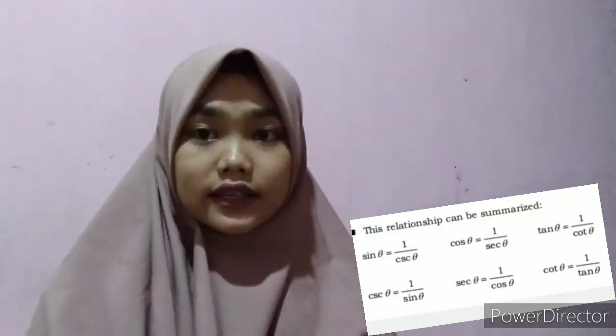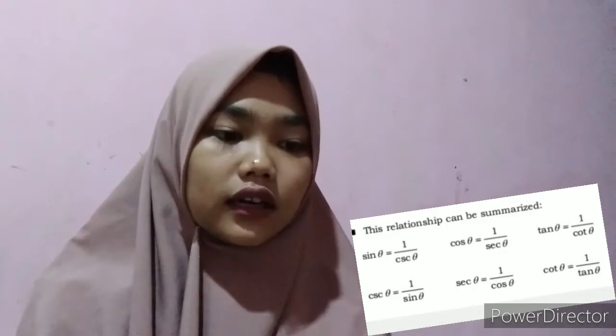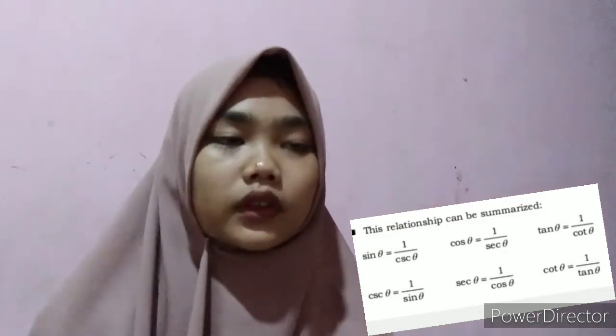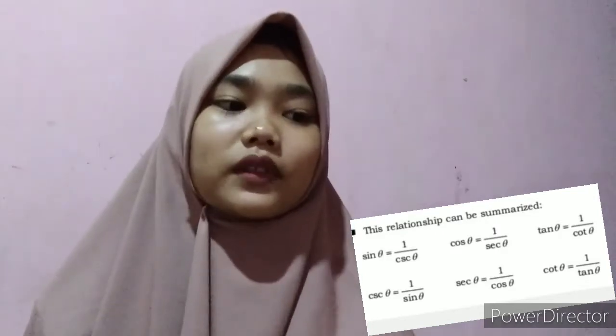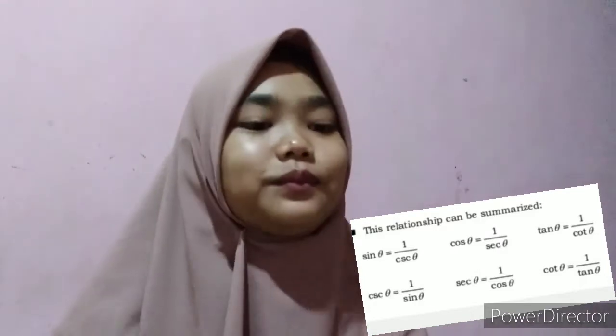Cosecant theta is equal to 1 divided by sin theta. Secant theta is equal to 1 divided by cos theta, and cotangent theta is equal to 1 divided by tan theta.